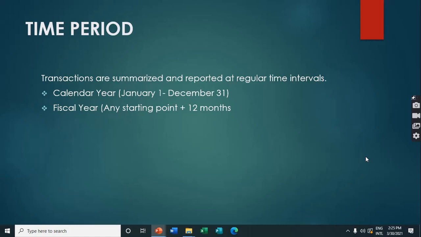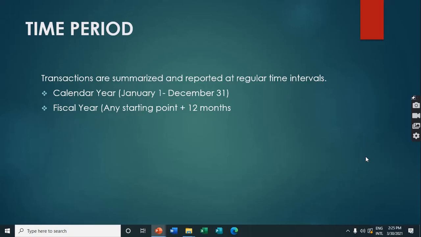When we say calendar year, magi-start tayo sa January 1 to December 31. When we say naman fiscal year, any starting point or month plus 12 months.